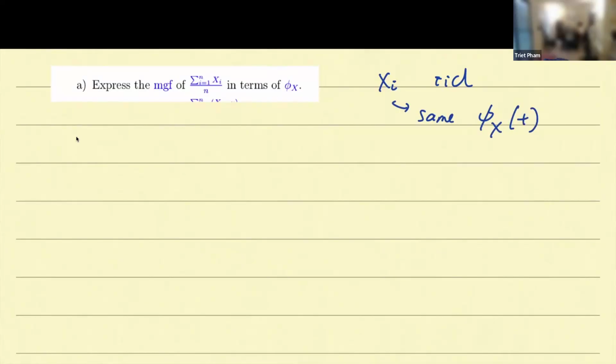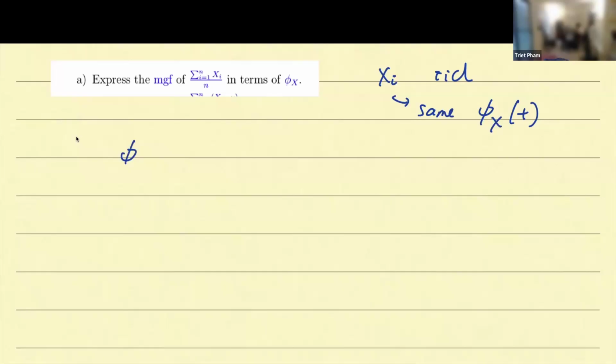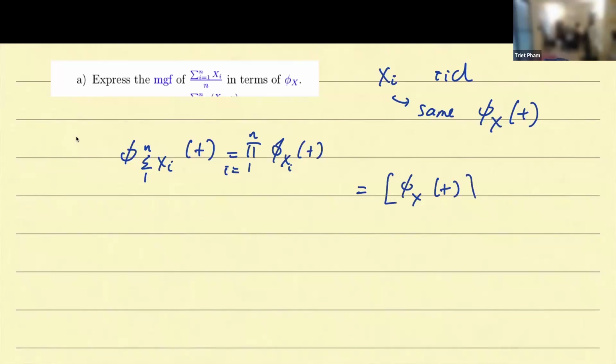But more than that, because they're independent, the moment generating function of the sum is a product of the moment generating functions. But they're all the same. So it's the same moment generating function raised to the nth power.